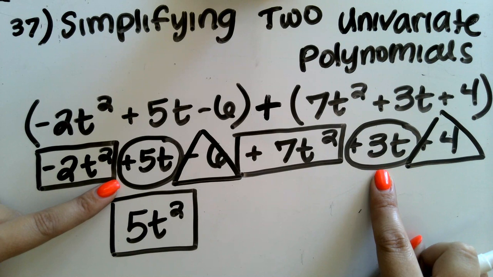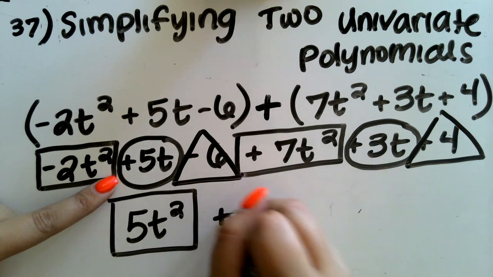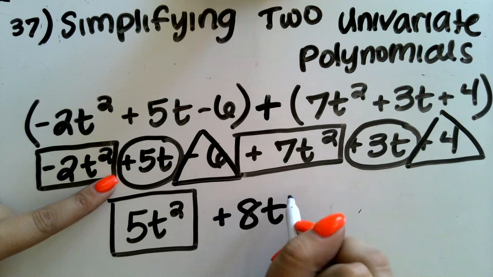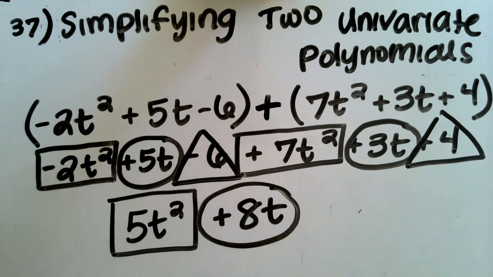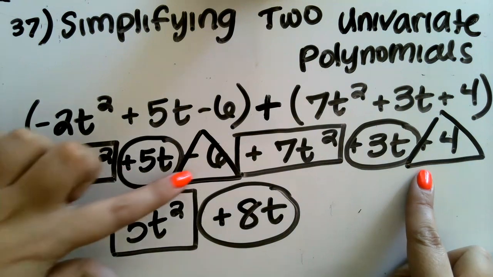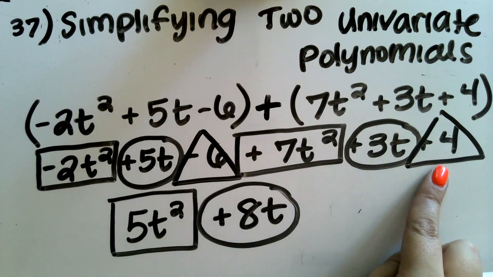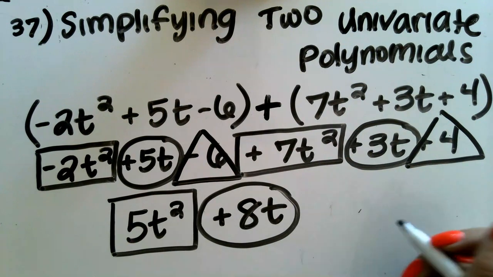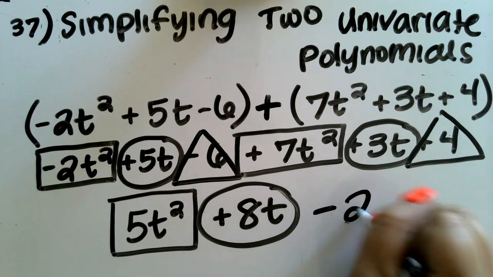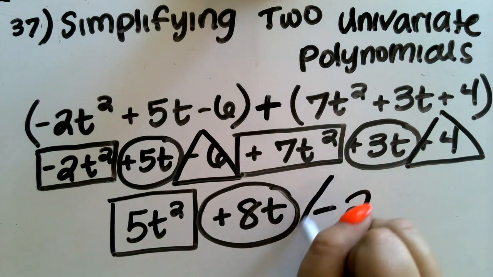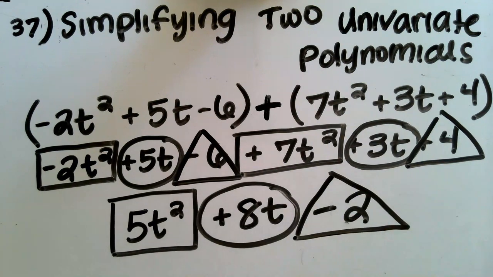We're adding those together. 5 plus 3 is equal to plus 8t. I'm going to put a circle around that one, okay? And then finally, let's deal with our triangles. We have a negative 6 plus 4, which we know is a negative 2. Put a triangle around that one.